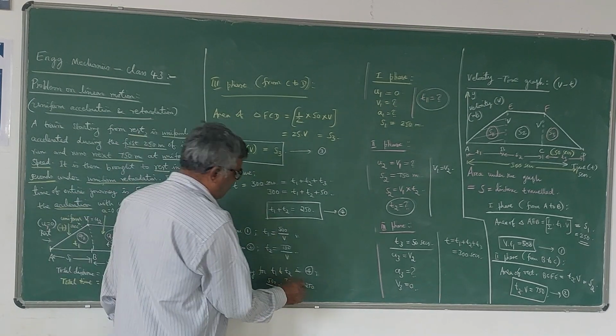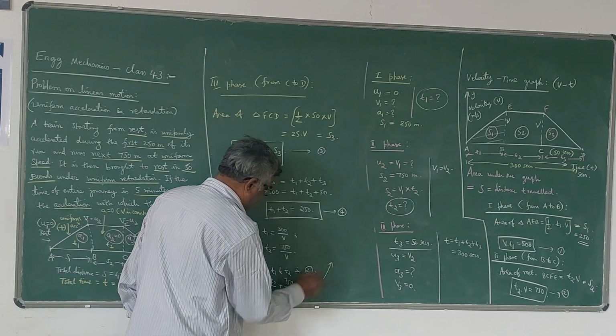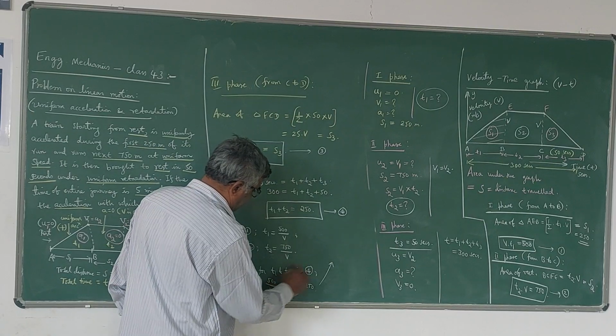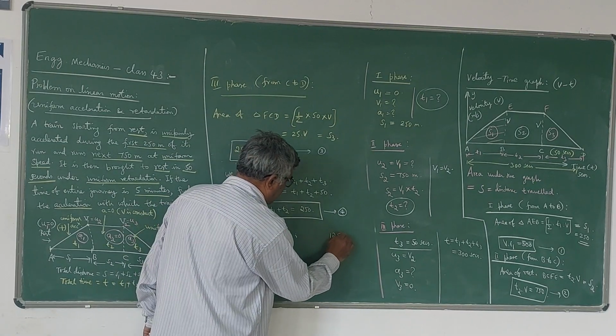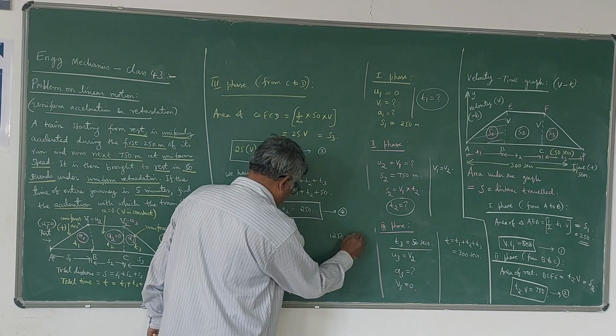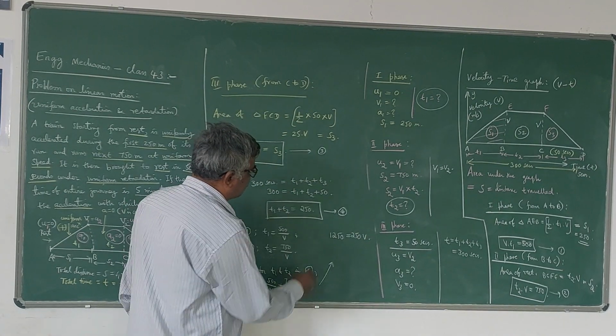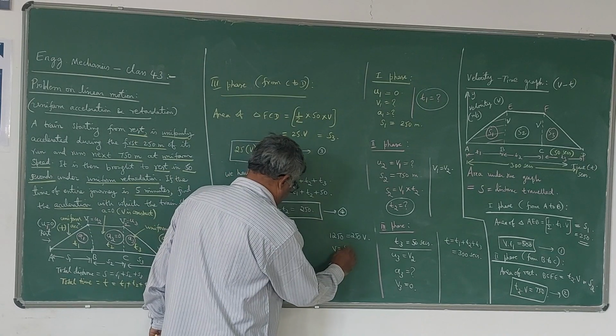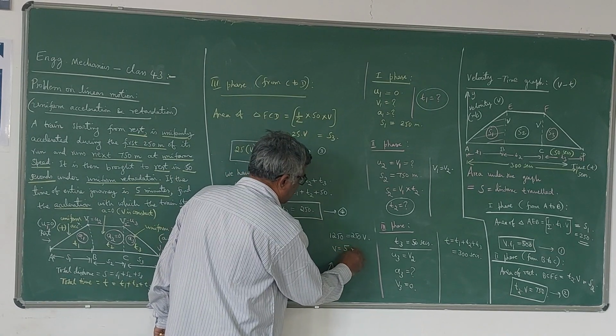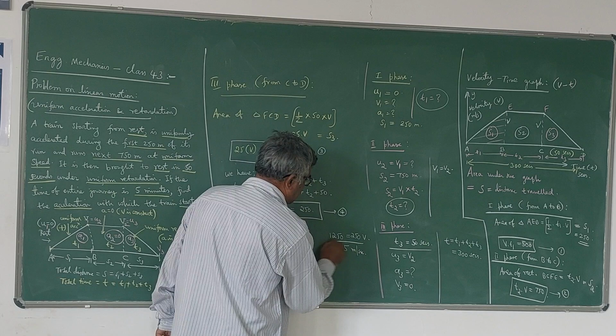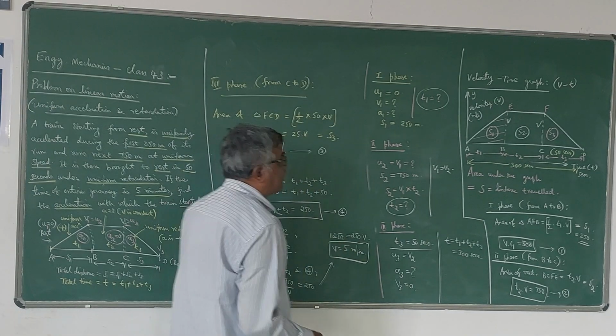Okay. So if you simplify this, 500 plus 750 is 1250. 1250 is equal to 250 times V by cross multiplication. So therefore V is equal to 5. I think you are going to get 5 meters per second. So this is one answer we got. So V is this value.